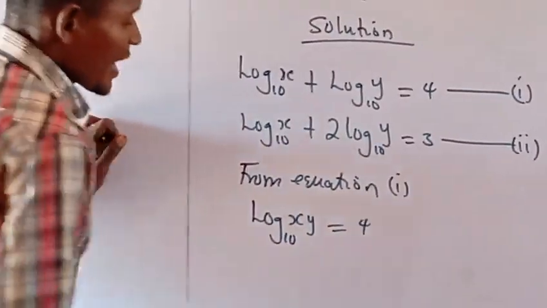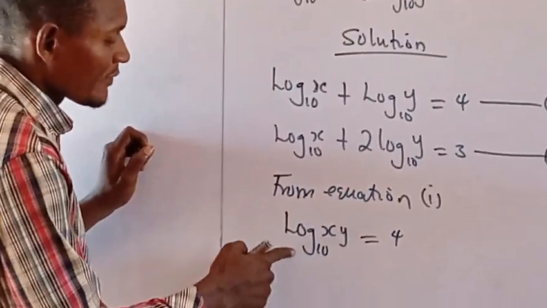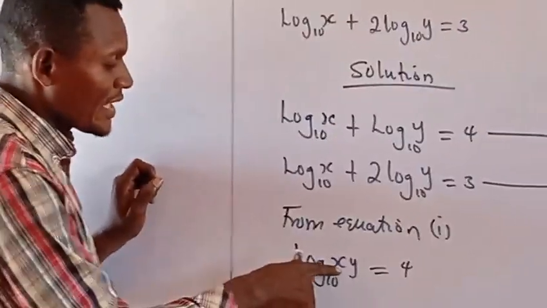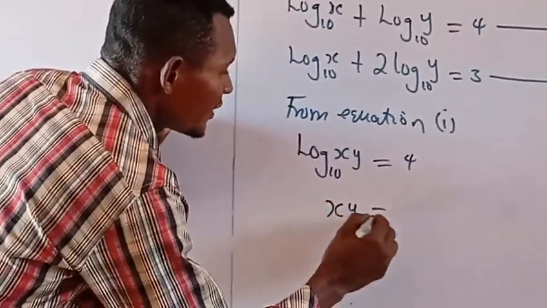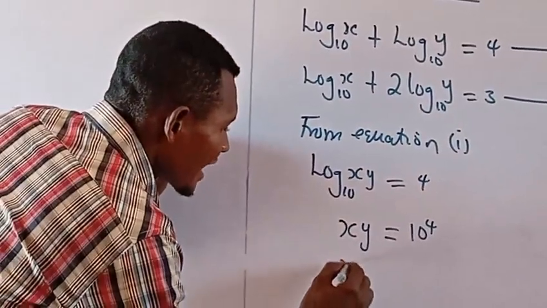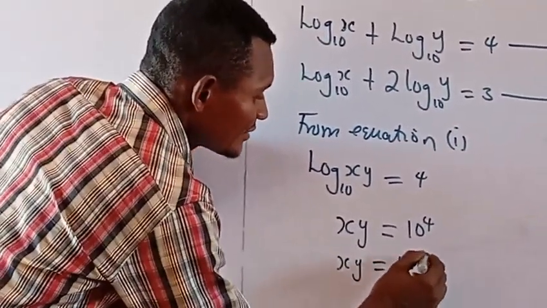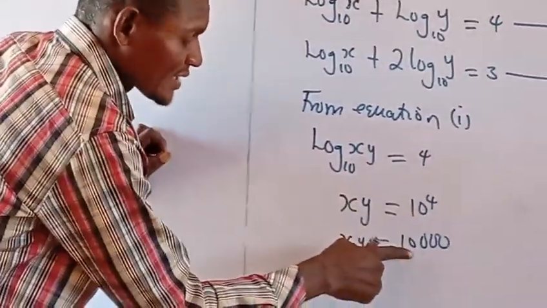So let's apply the same law again. In this situation, to do away with this log, we have the base which must be raised to give us xy. So in that situation, I can have xy will be equal to 10 raised to the power 4. And 10 raised to the power 4 will give us 10,000.